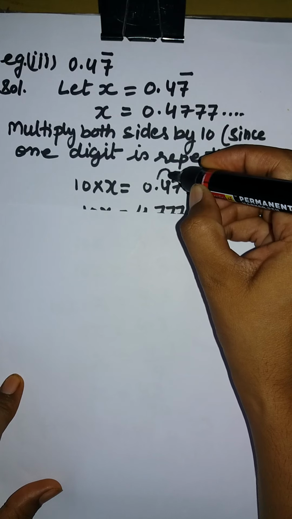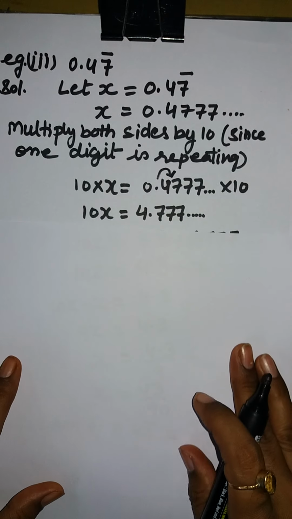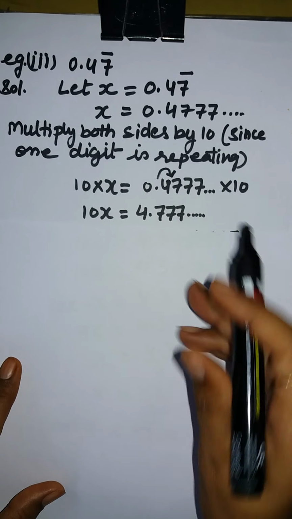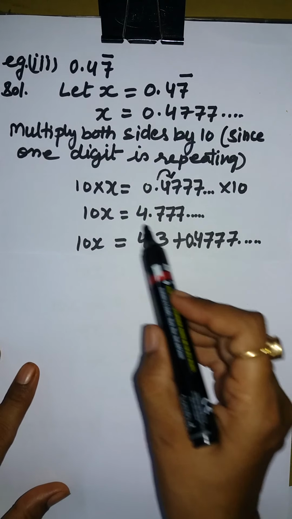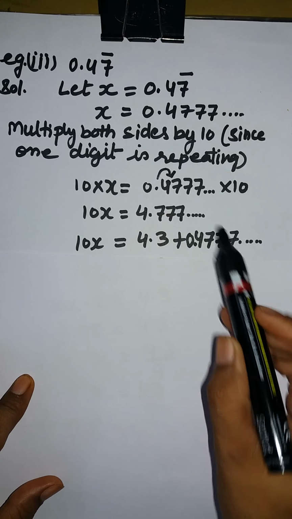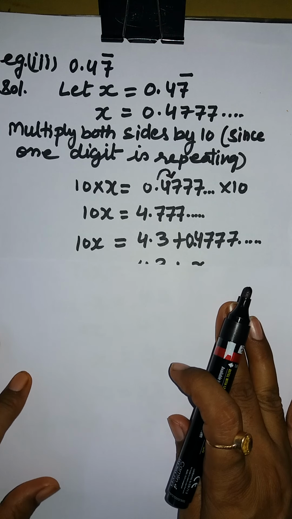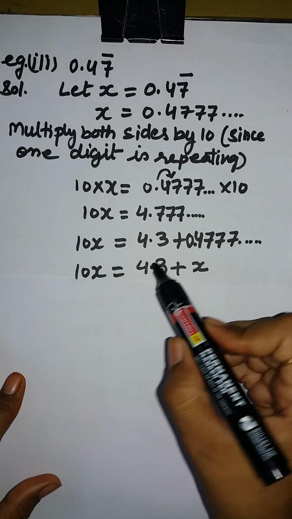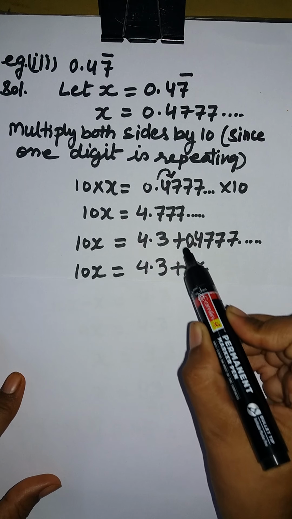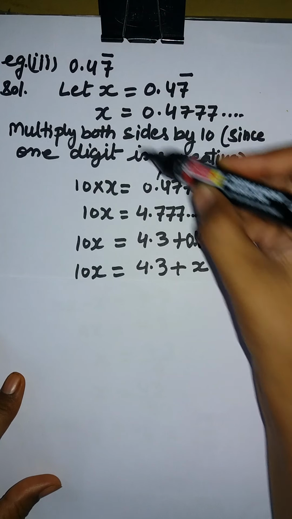We know how to multiply. This decimal will shift to the right side and it will become 4.77. We split the figure to get this x value. We know how to simplify it. You can do it very well. And afterwards we replace this value by x.